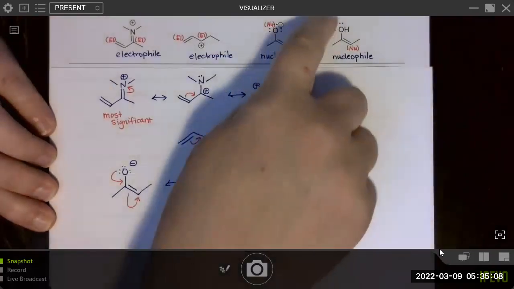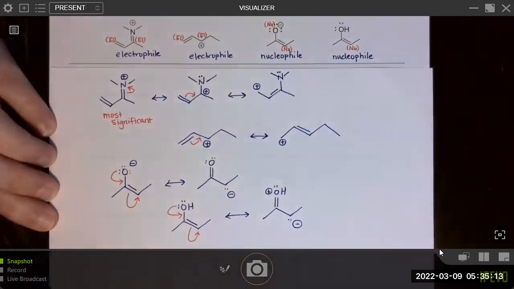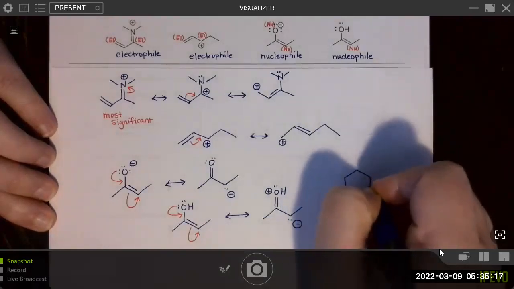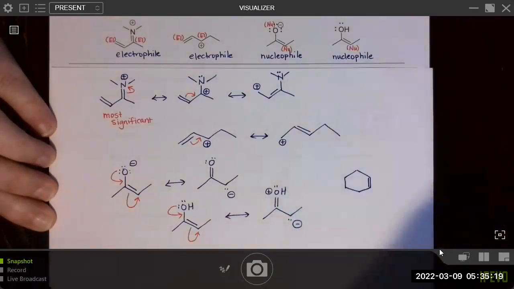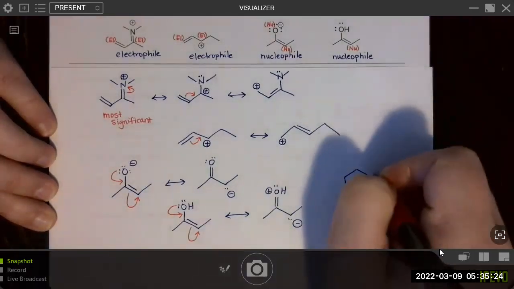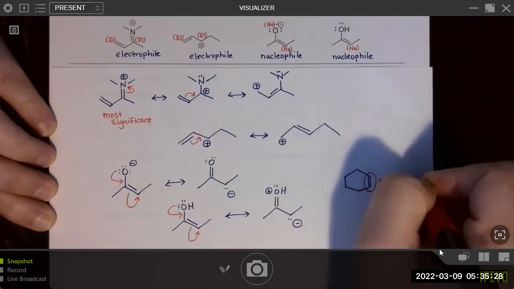And hopefully it's not too confusing. I know some people would have probably circled the whole pi bond. But for example, if I had given an example like this, then you can circle the whole thing and say that these two carbons are both nucleophilic.